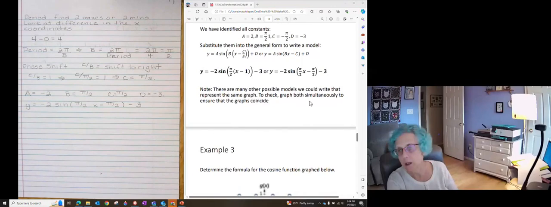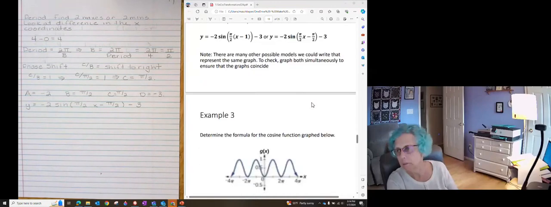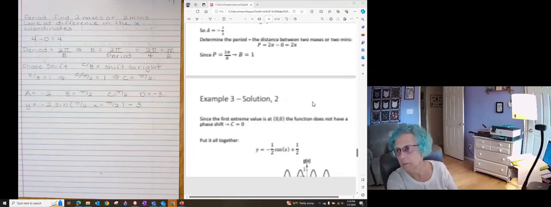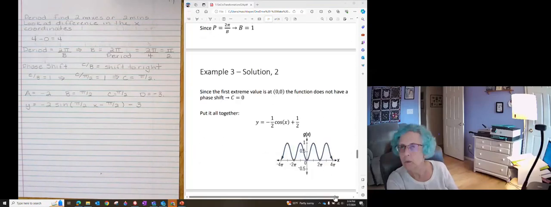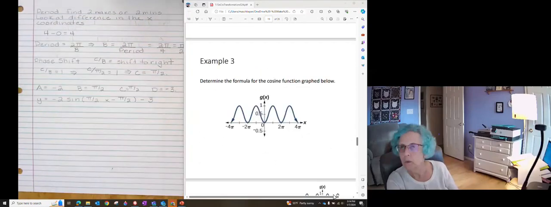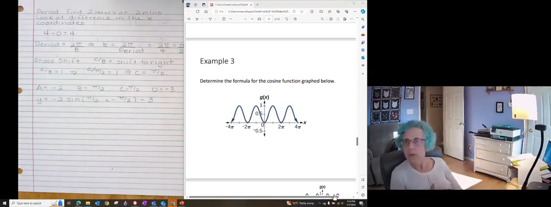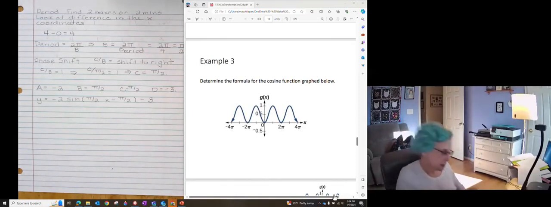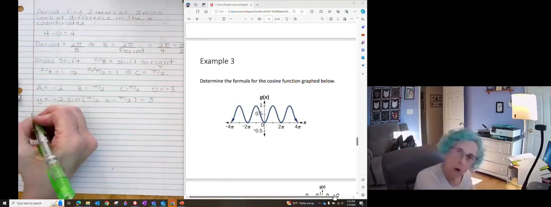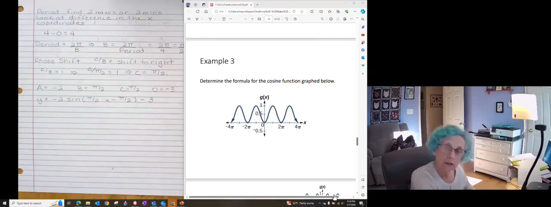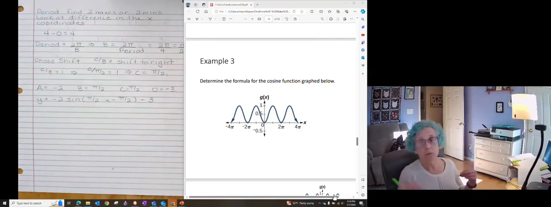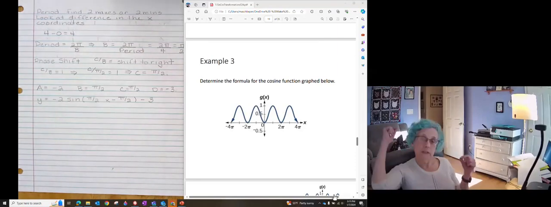Let's do another example. I'm going to pause again and get it on the right slide. Okay. Example 3, we want to determine a cosine function for this one. Since we want a cosine function, we know cosine starts at one of its extreme values. If it starts at the max, then it has a positive a.